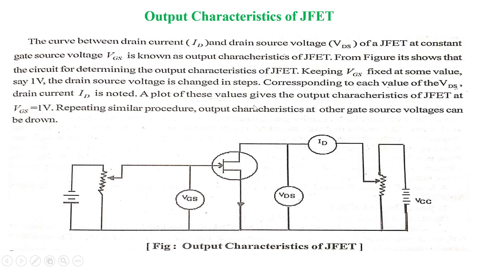A plot of these values gives the output characteristic of JFET at VGS equal to 1 volt. Repeating a similar procedure, the output characteristic at other gate-source voltages can be drawn.